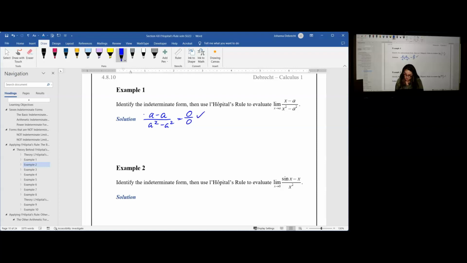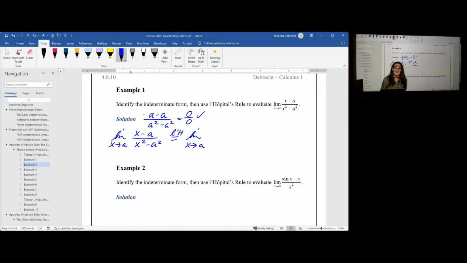This is an indeterminate form, so we're going to write that the limit that we're given under L'Hopital's rule is the same as the limit of their derivatives. Notice the L'H that appears over the equal sign just before I take the derivatives.